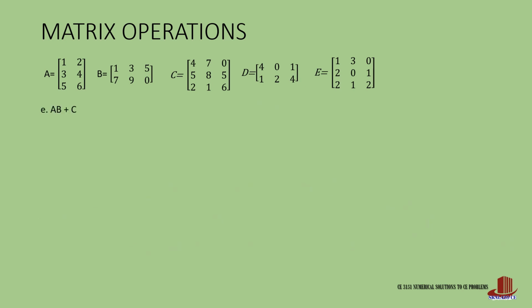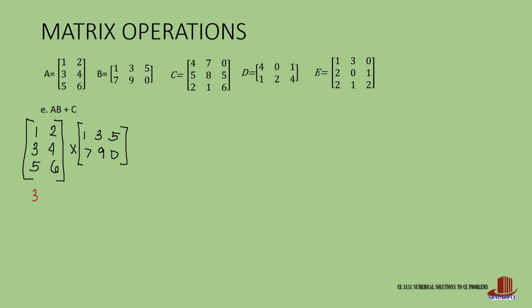Requirement letter E would be similar with the previous requirements of operations. So, let's get the matrix resultant of A times B plus C. Start with A times B. So we have matrix A. This would be multiplied by matrix B. So we do the check.